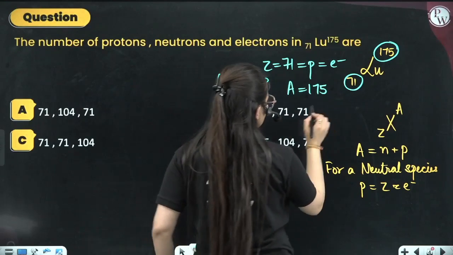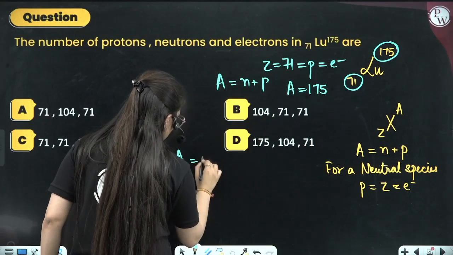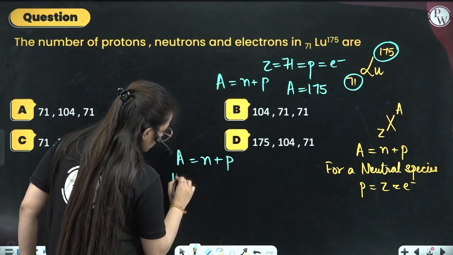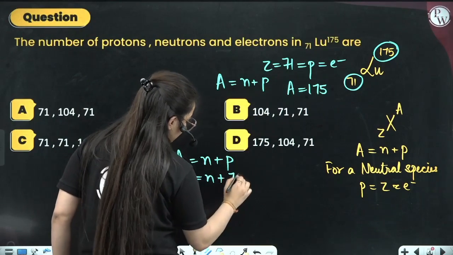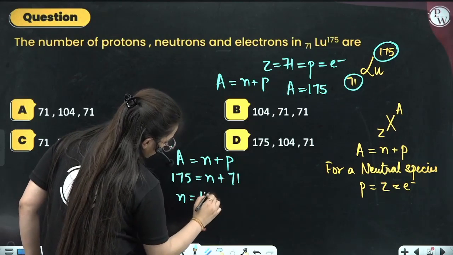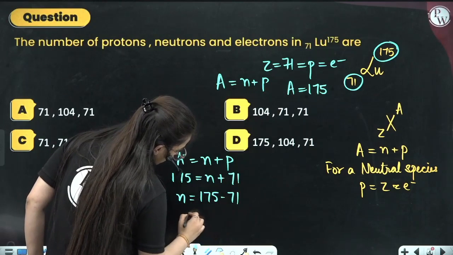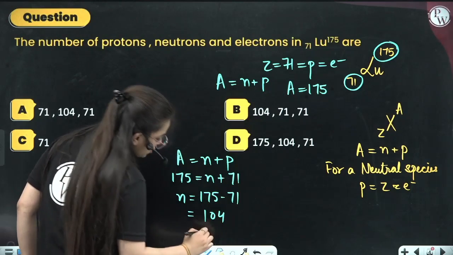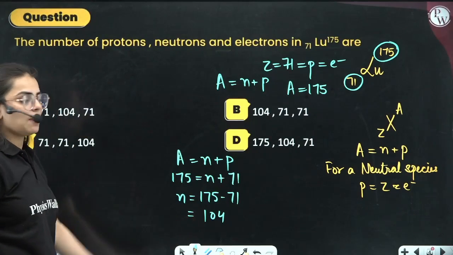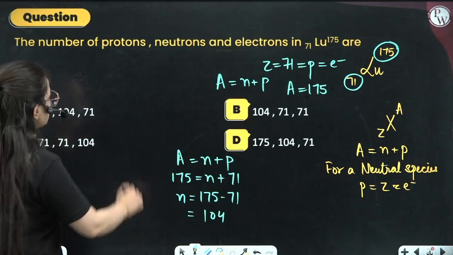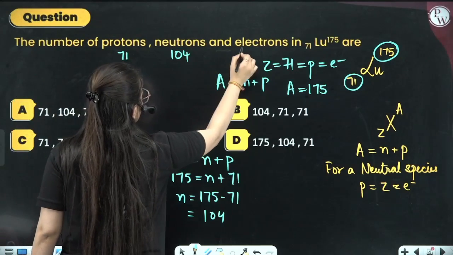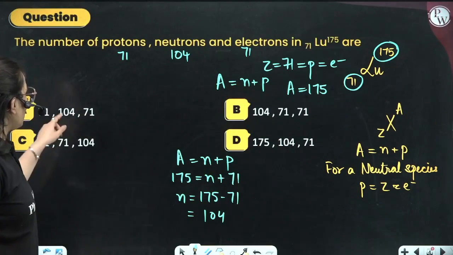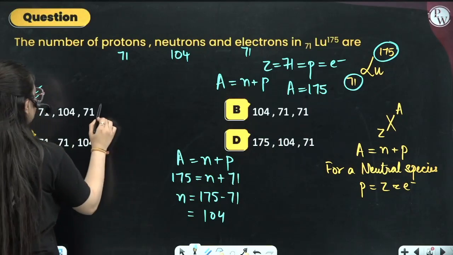So if mass number is 175, A is equal to N plus P. A is 175. Neutrons we need to calculate, but protons is how much? 71. Neutrons will be what? 175 minus 71. So it tends to be 104. Neutrons came out to be 104. So first of all they asked about protons. Protons is 71. Neutrons 104. And electrons again 71. So our option number A will be what? Our correct answer.